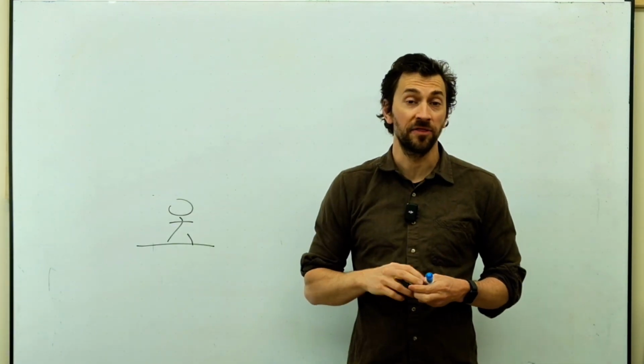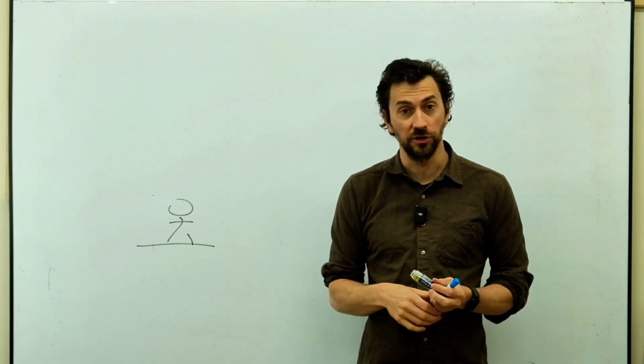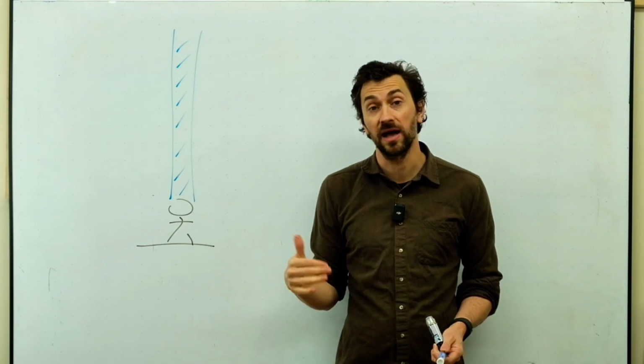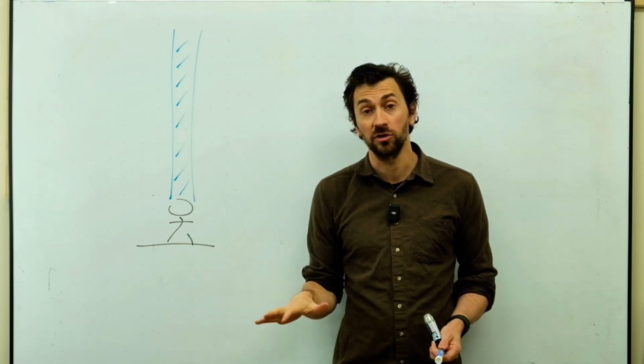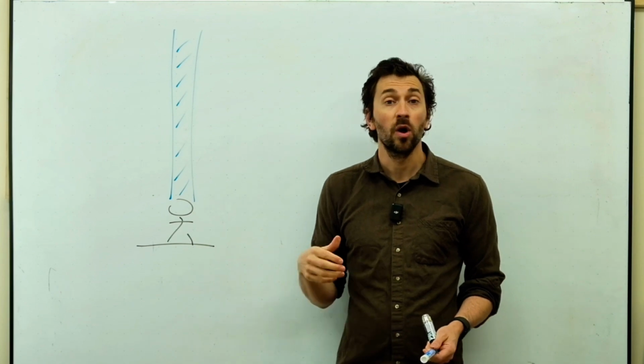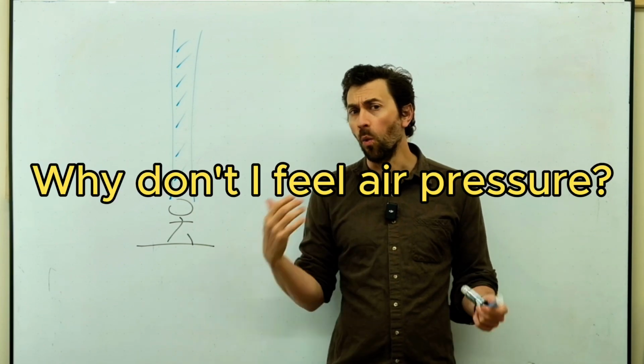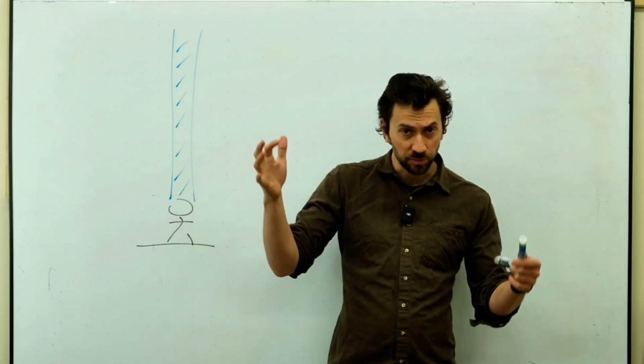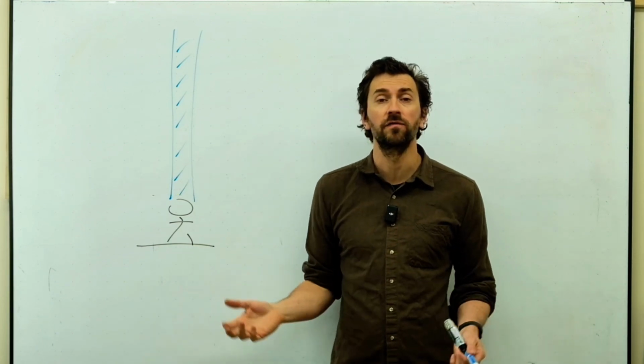Let's think again about the air pressure that's sitting on you. We said there's an atmosphere of pressure, 100,000 pascals of air pressure sitting on you pretty much all the time. When you heard this, I wonder if you thought, why don't I feel air pressure? That's kind of weird that there's air pressure on me all the time, but I don't feel it.